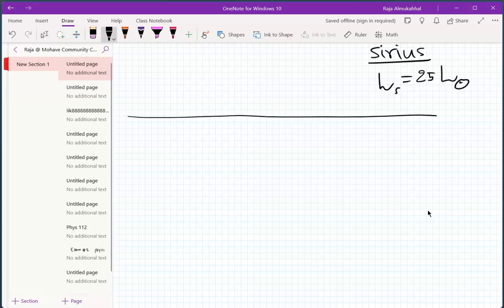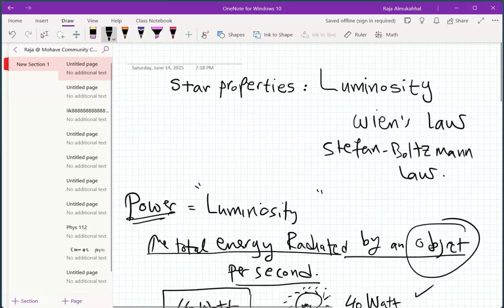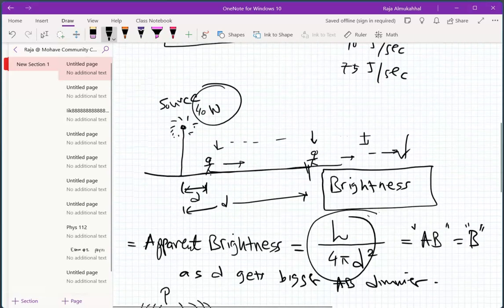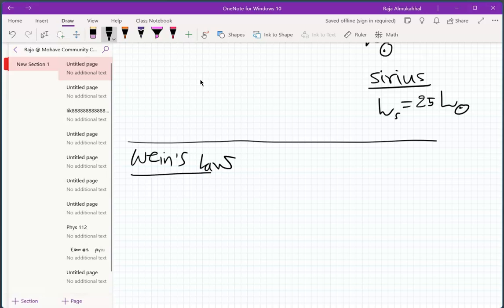The next topic, according to the video here, we have 3 topics to talk about: luminosity, Wien's law, and then Stefan Boltzmann law. So let me talk about Wien's law now. Let me write down the law first.